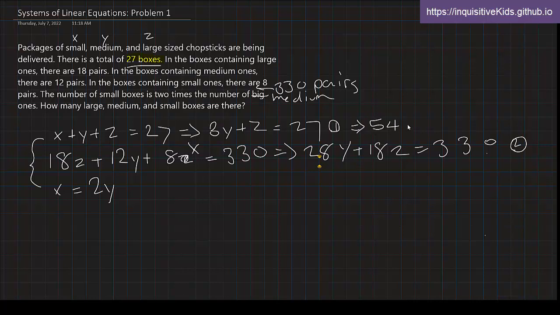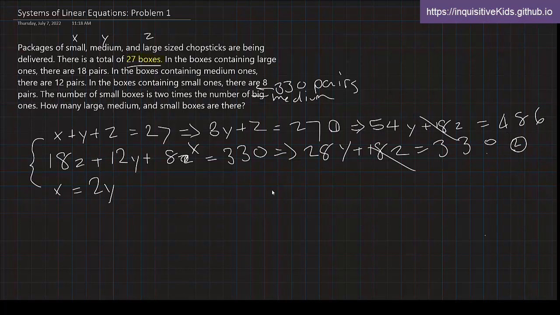54y plus 18z is equal to 486. Right, now we have 18z's on both of these equations. So let's cancel them out by subtracting this equation from this equation.